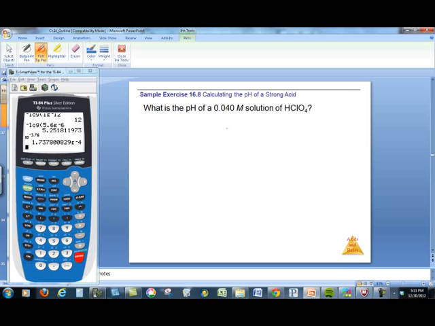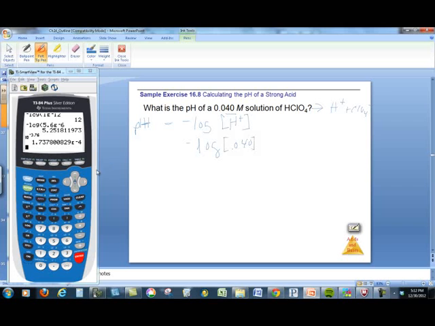All right, so let's find the pH of a 0.04 molar HClO4 solution. So pH is equal to the negative of the log of the H plus concentration, and because this breaks apart into H plus and ClO4 minus, it's also equal to the concentration of the acid, so it's the negative of the log of 0.040, 2 sig figs.